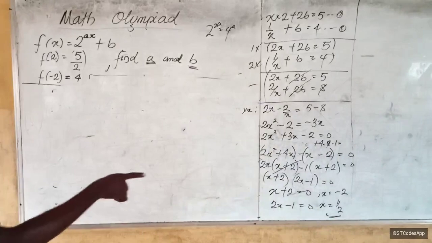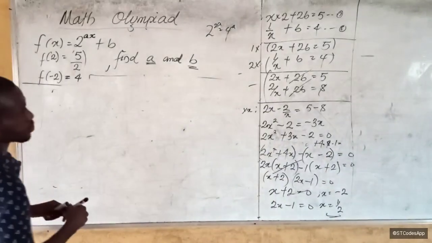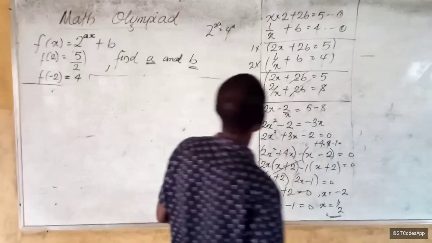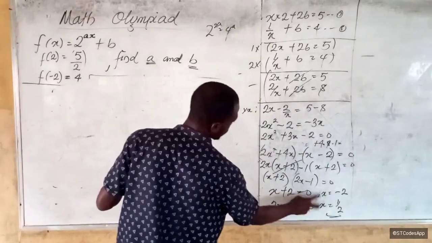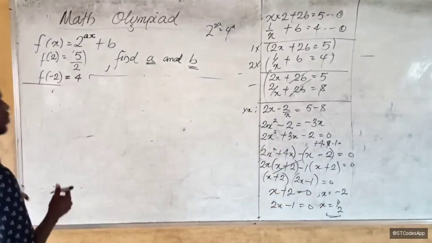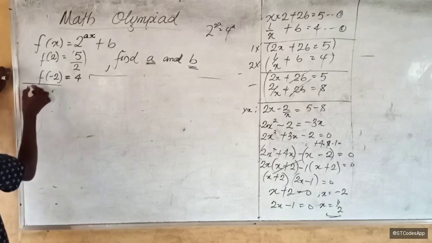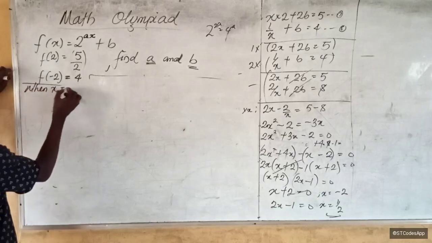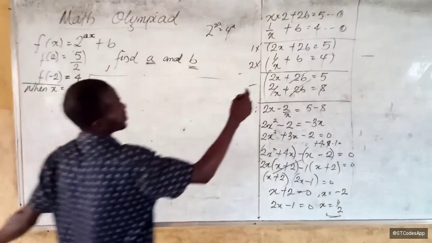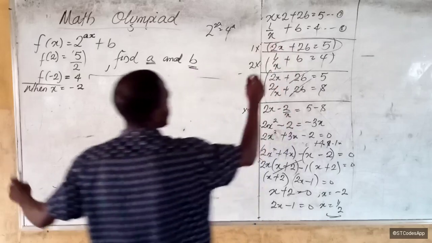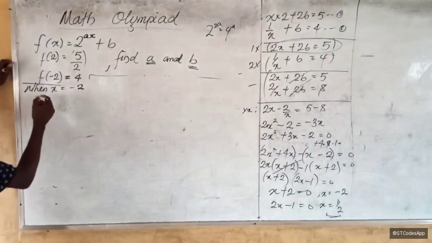Since x is now -2, we can substitute that into one of our equations. We are going to substitute both to know which one will actually work. So for the first case, when x is equal to -2, let's substitute into this equation, equation 7.